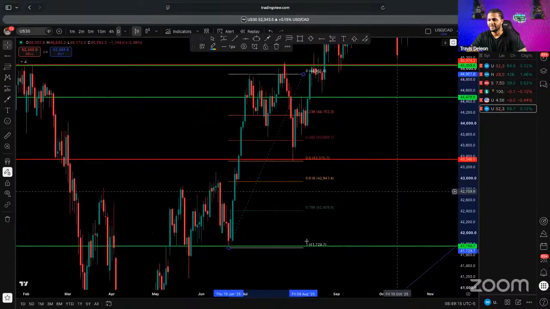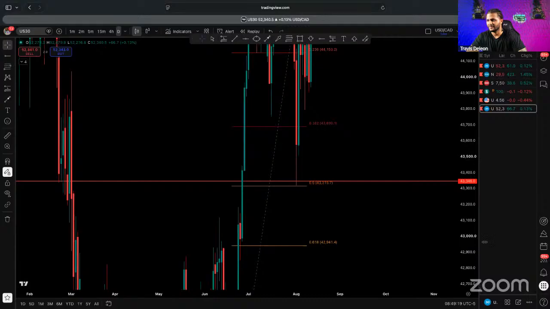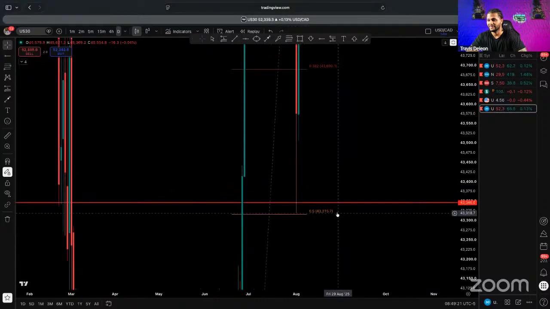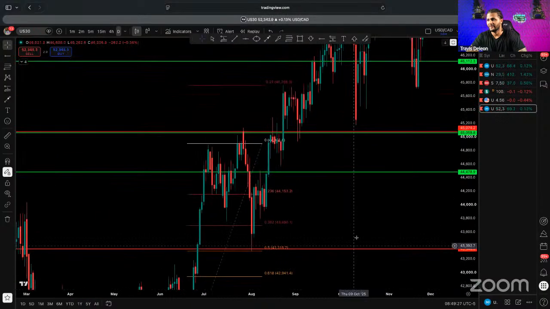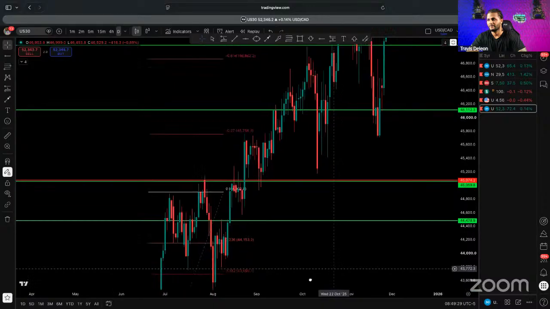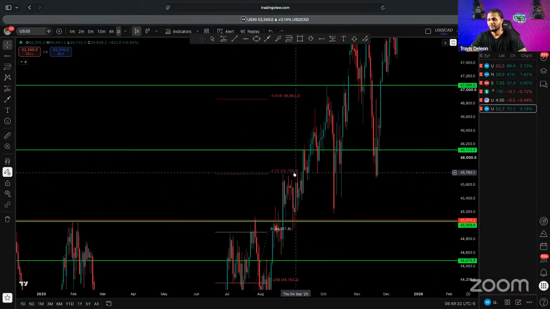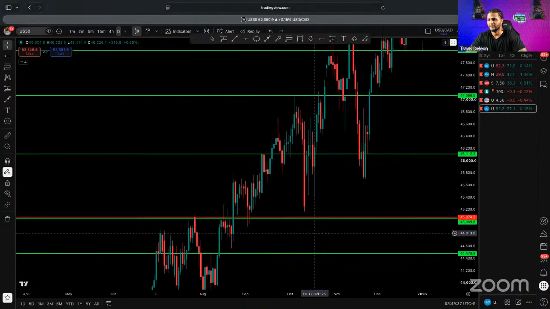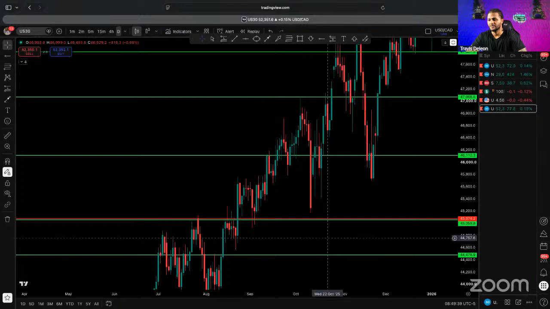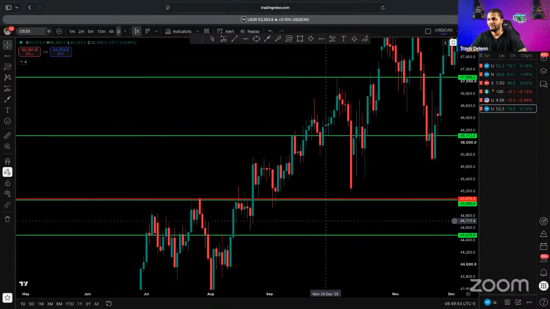And what it did, it didn't touch it, but pretty much right there at that 0.5 level, it went higher, went super high. So just any random spot on the charts is going to be like that. That's just what happened.